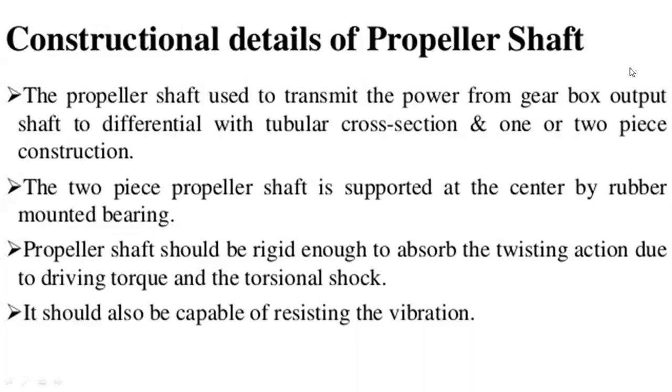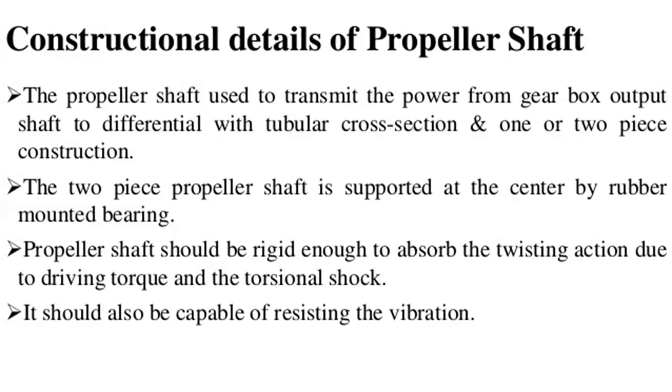So the constructional details of the propeller shaft are: the propeller shaft is used to transmit the power from the gearbox output shaft to the differential, with a tubular cross section and one or two pieces construction.